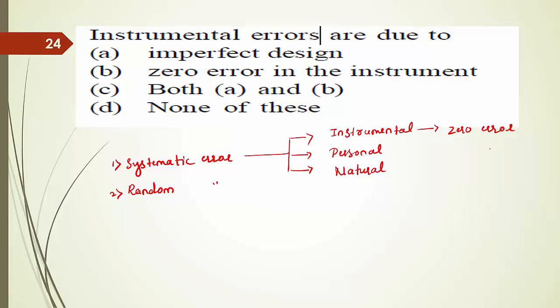Observe the options: the first option is imperfect design, yes it is right. The second option, zero error in the instrument, is also right. So both A and B are right answers. Instrumental errors are due to imperfect design as well as zero error in the instrument. Option C is right.